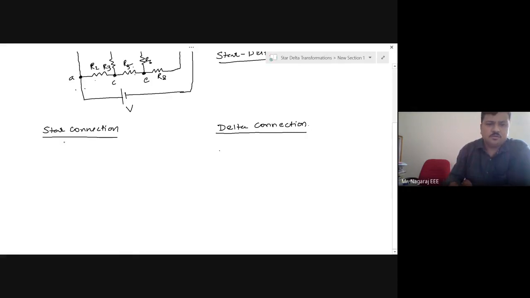Okay. Now suppose I have three resistors. Let this be RA, with the terminals A and A dash. Let this be resistance RB with terminals B and B dash, and this be the resistance RC with terminals C and C dash.